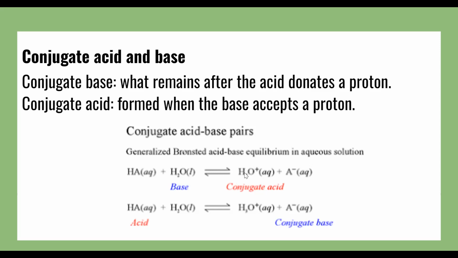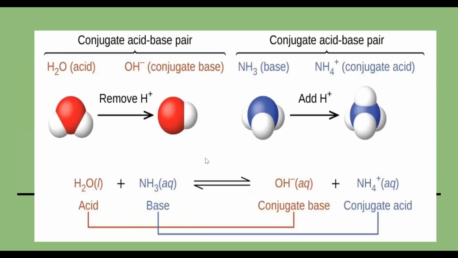And when the base accepts the proton, what is formed is the conjugate acid. And then when the acid donates, what is remaining is called the conjugate base. So this is another way of looking at it.